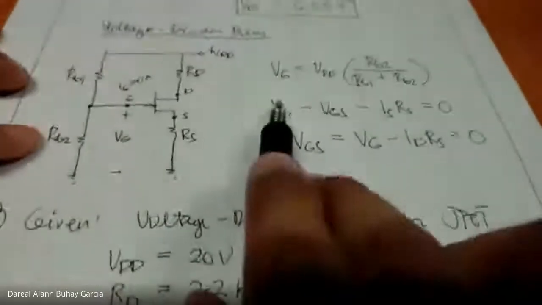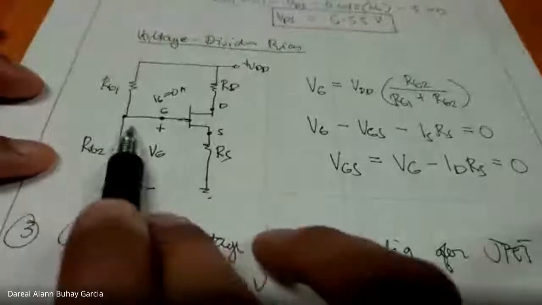First, solve for VG. The voltage drop across RG2.